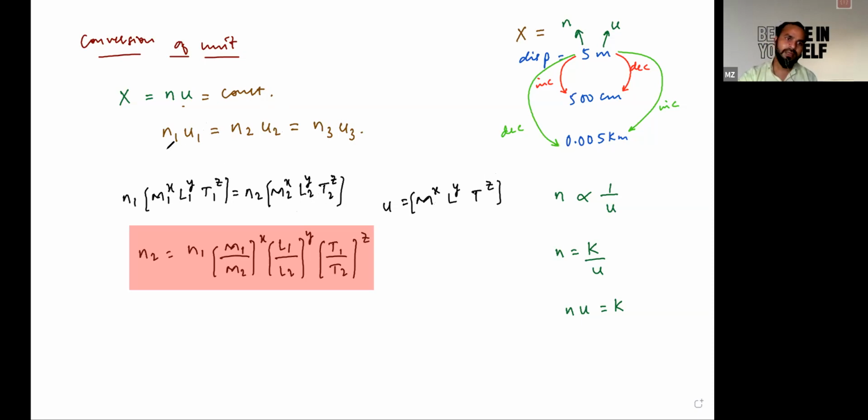I have to convert N1 in terms of N2. So in this equation, bring N2 to one side. This whole term on moving to the other side gives this expression. From this, I have derived a relationship to convert numerical value from one system of unit into another.